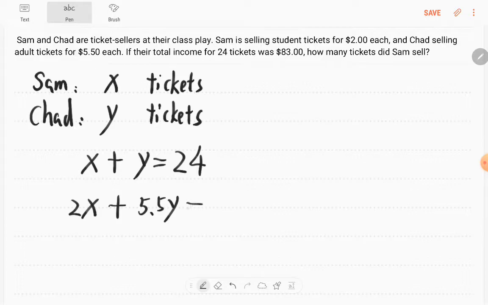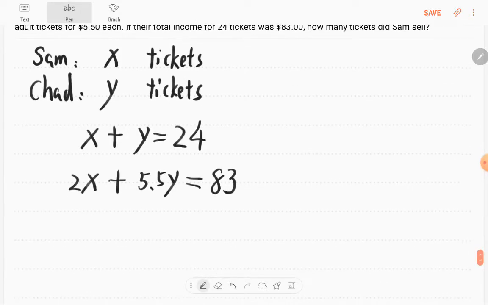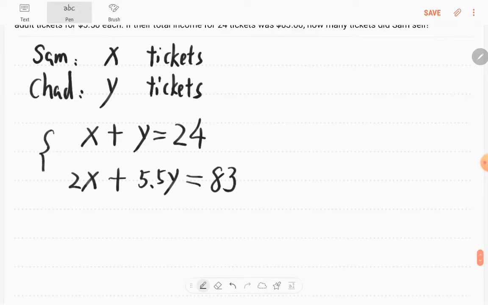Then it's equal to the total income, 83. So these are the two equations we have, okay? The next step is you just solve this problem.